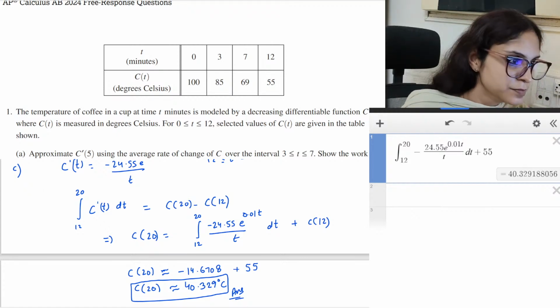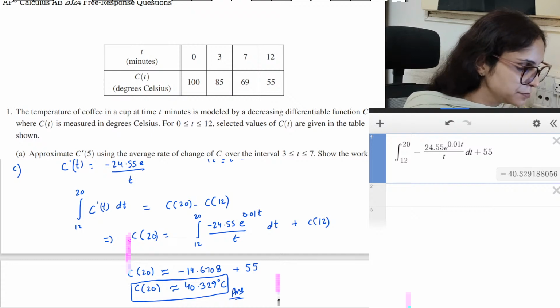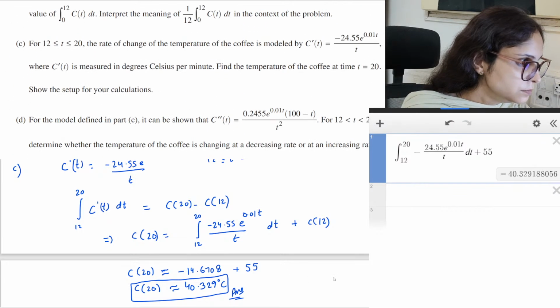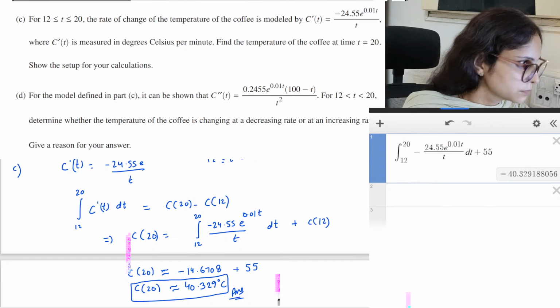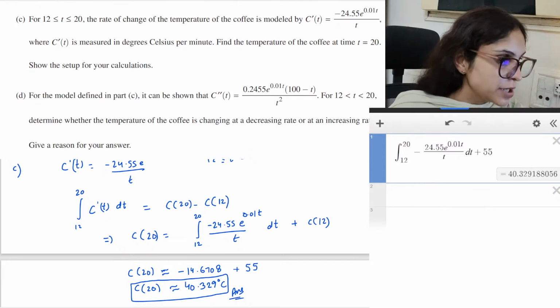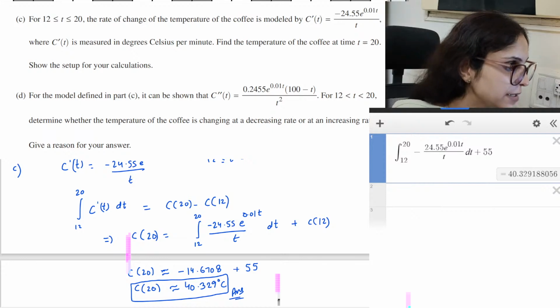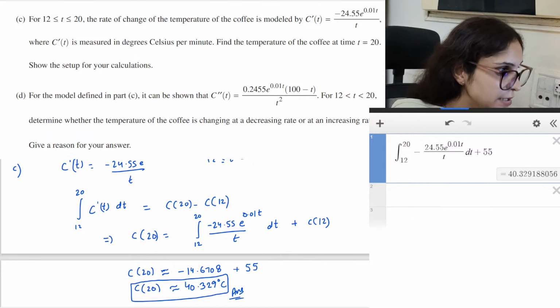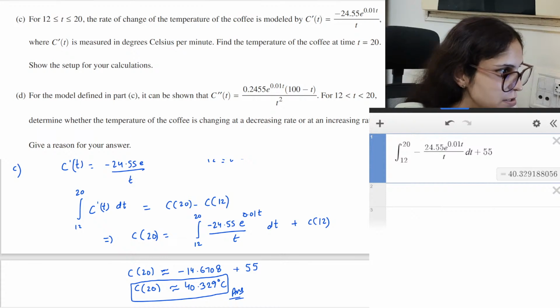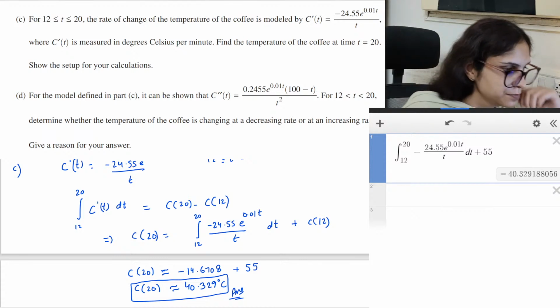So this is the entire work for part C. Show the setup for your calculations. We have also shown that. And find the temperature of coffee at time t equal to 20. We have also done that. It is 40.329 degrees Celsius. So in the last, you can also say the temperature at 20 minutes is 40.329 degrees Celsius.